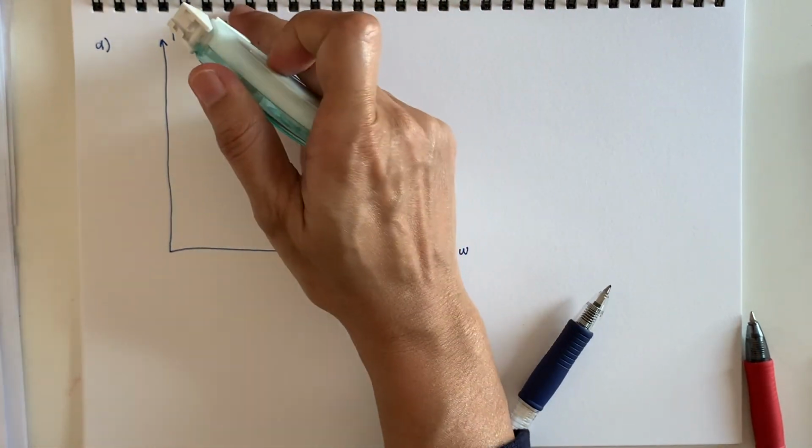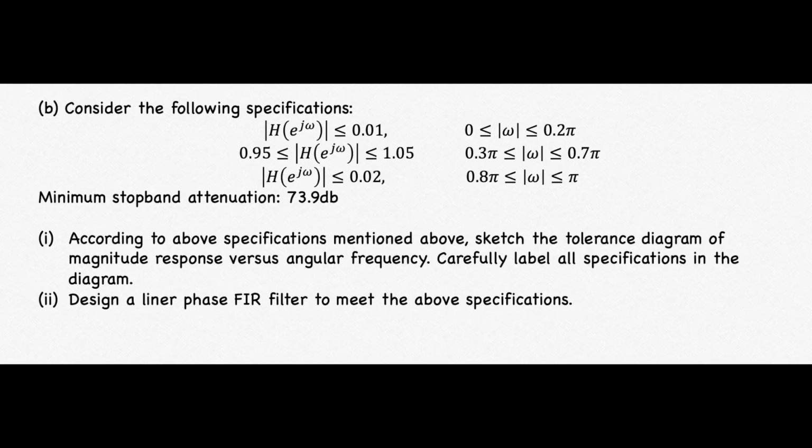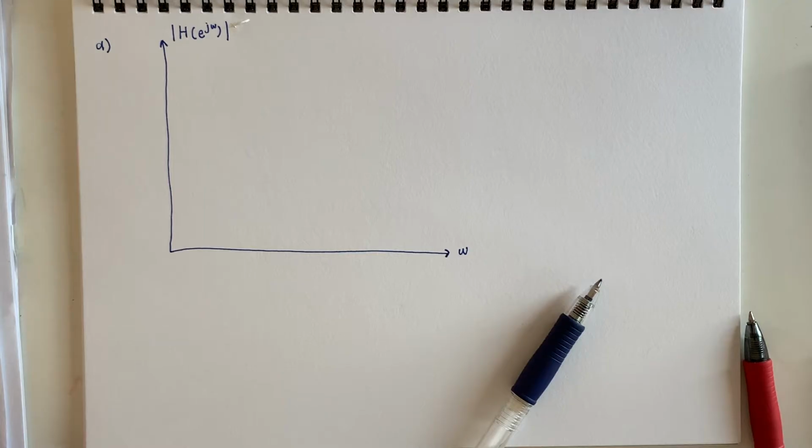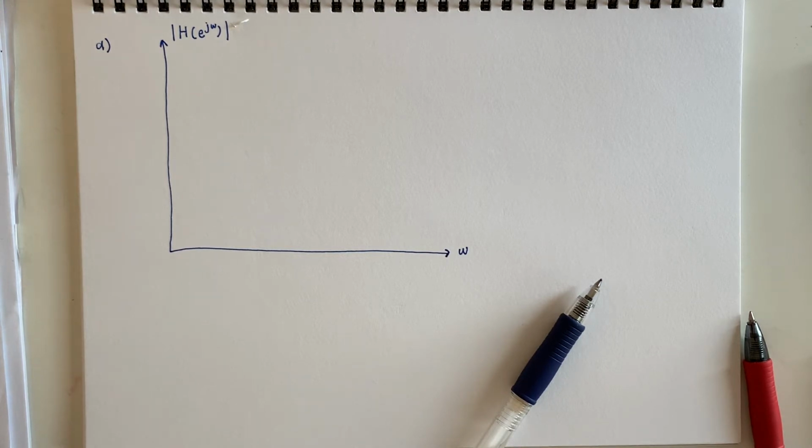Refer to your specification: you have modulus omega, because this condition is for a causal bandpass, meaning your signal is right-sided. Then we have modulus H(e^{j omega}), which refers to your y-axis.